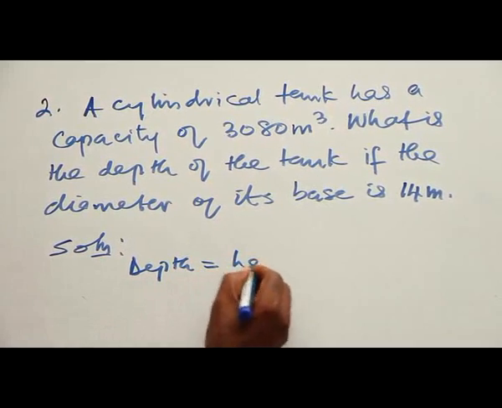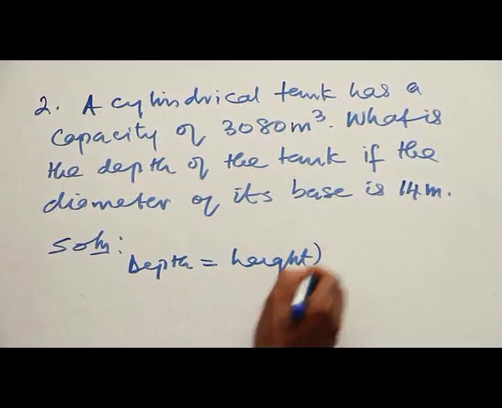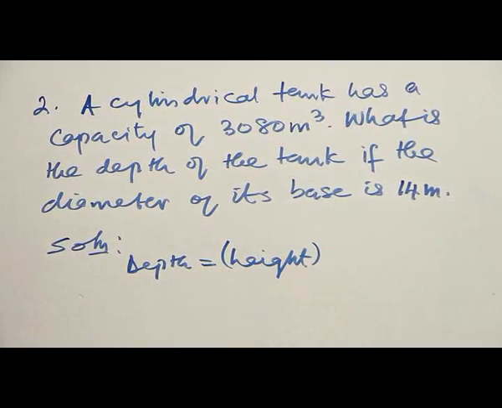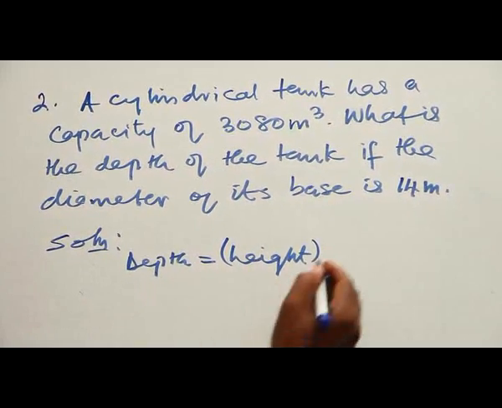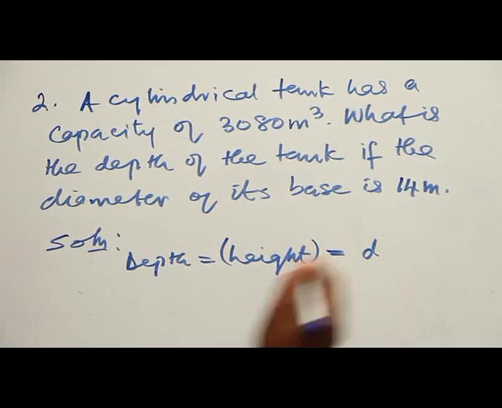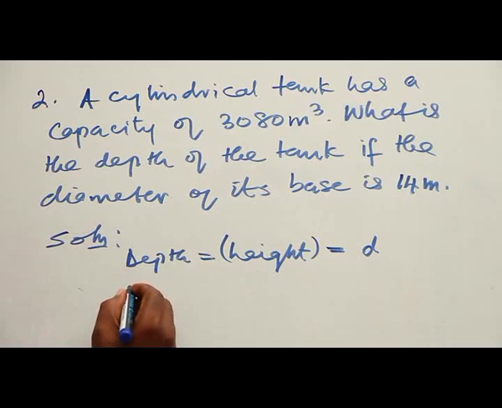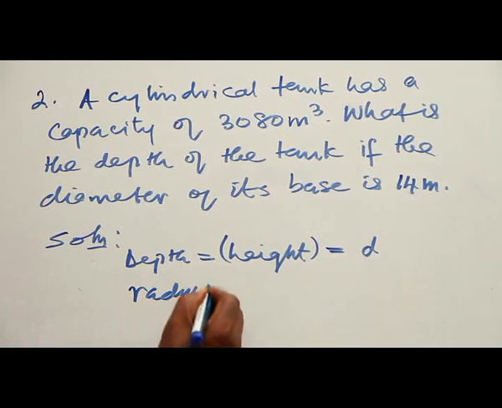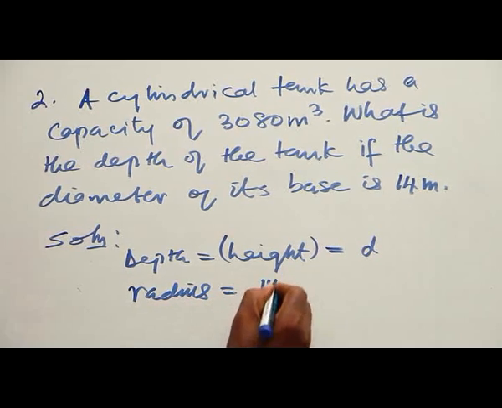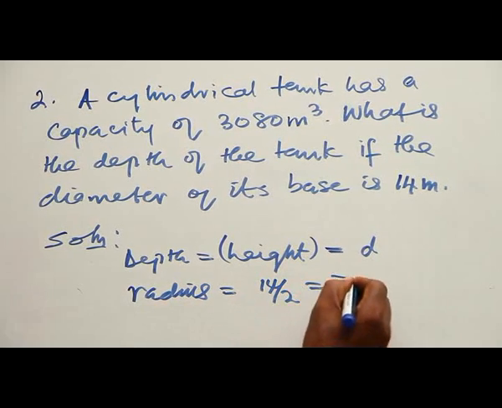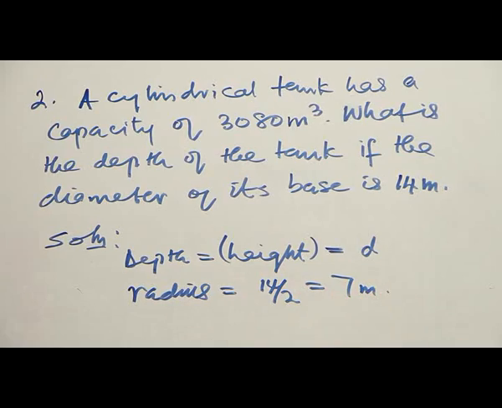And depth here, as I told you earlier, can also be represented with height. And so let's say this is equal to D. Then of course we are told here that the diameter is 14. So the radius will be equal to 14 all over 2, and that is 7 meters.